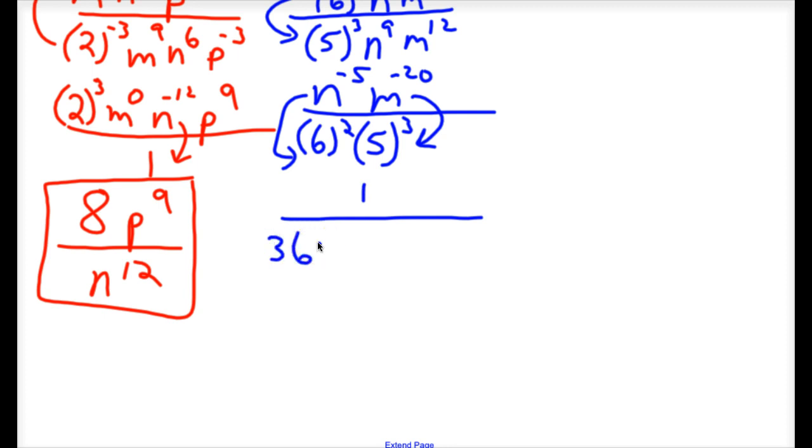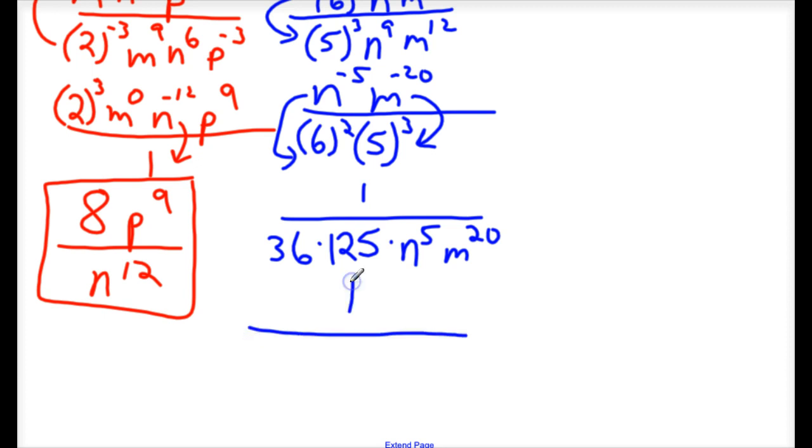What did we say 5 cubed was? 125. So n to the 5th, m to the 20th. When those variables with negative exponents drop down, they become positive exponents. Somebody type in 36 times 125. What is it? 4,500. So 1 over 4,500, n to the 5th, m to the 20th.